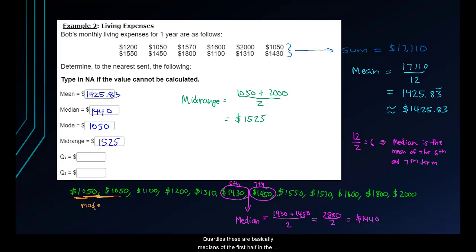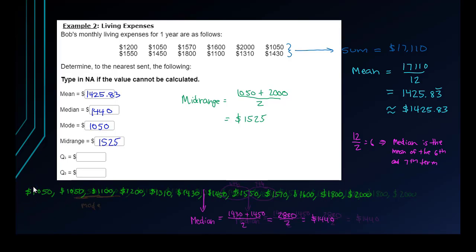Quartiles. These are basically medians of the first half and the second half. So basically, Q1 is going to be the median of this first half right here, of which there's 6. So much like I did for the median, there's 6 numbers here. If I take 6 divided by 2, I'm going to get 3.